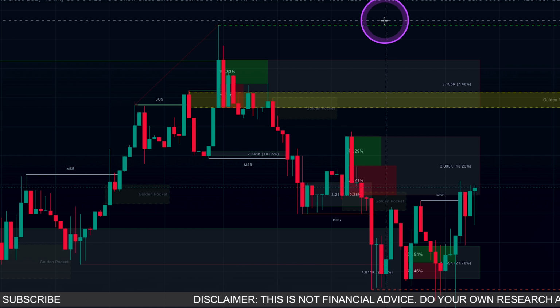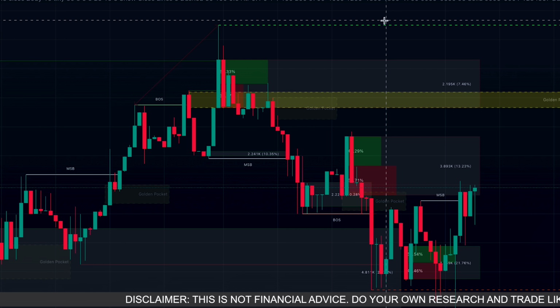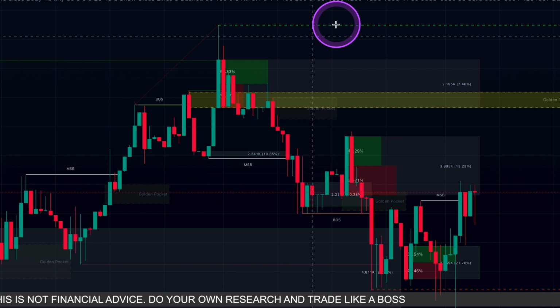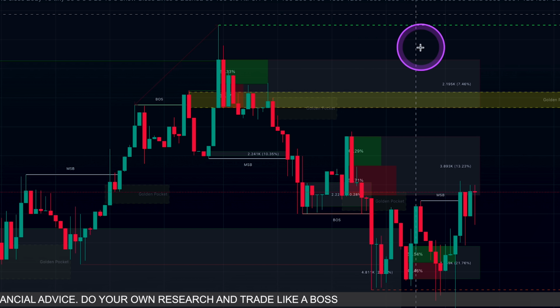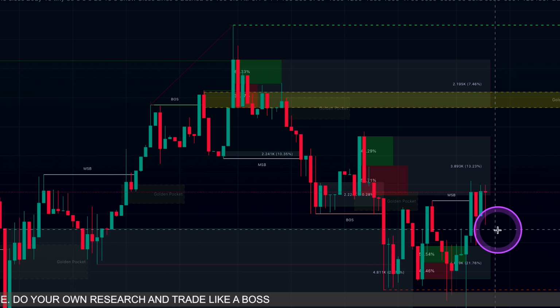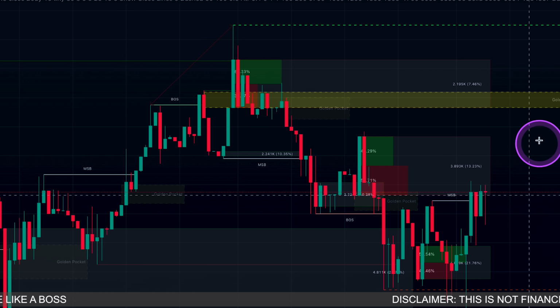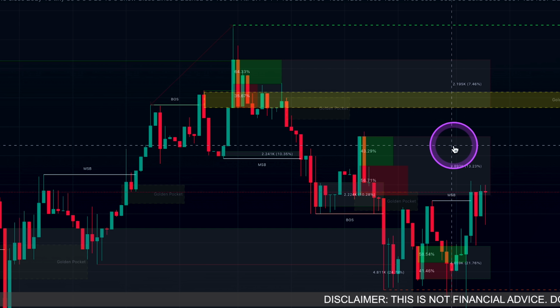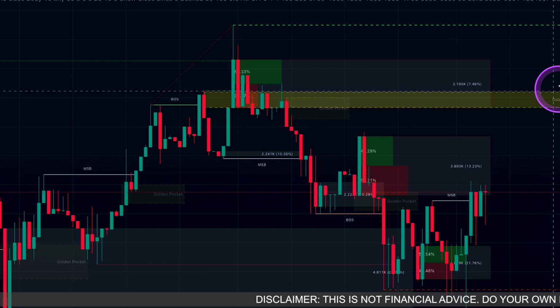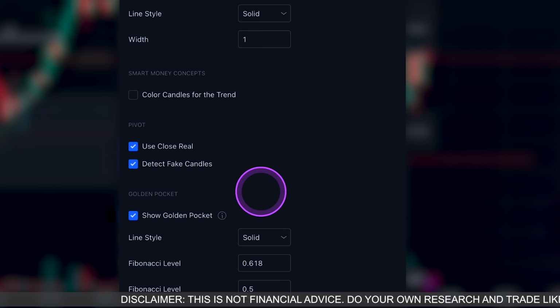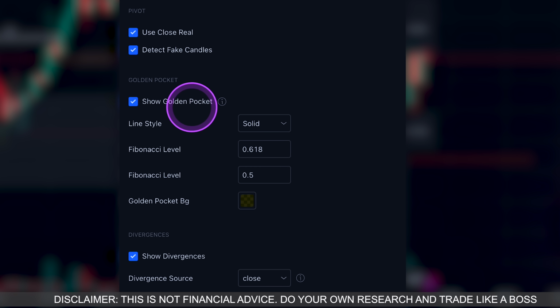And if you believe in things like manipulation in the crypto world, of whale manipulation and wick hunting, this is where potentially price could come back up and wick people out and then push back down in the previous direction. Makes great sense for targets like the golden pocket here, or can also make sense for an entry if you're looking for a reversal. I'm going to keep going because I've got to whiz through all of these wonderful things here.